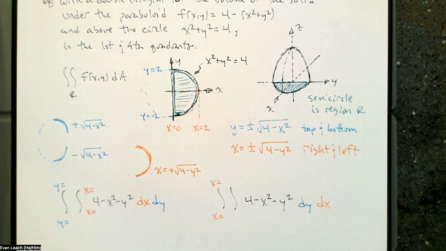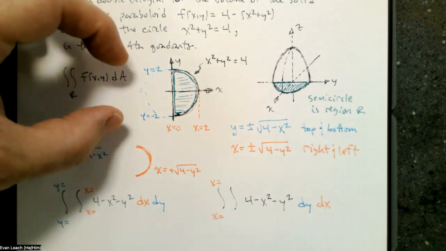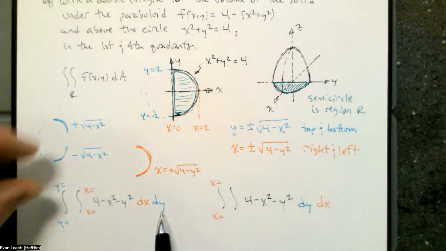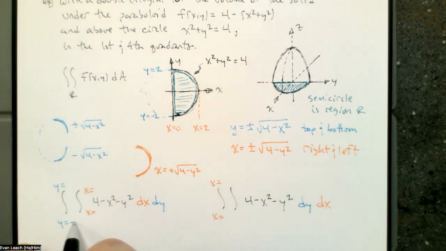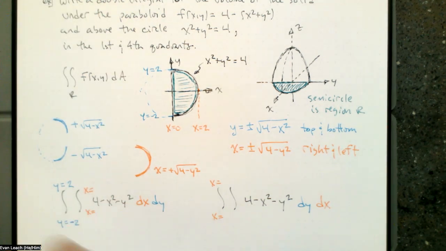So remember, when we're setting up a double integral, we always go after the last integral first. We always set up the last integral first because the last integral only gets to use constants, and the constants are easy to pick out. So for dy, if that's the last integral, we're going to integrate from -2 to 2.